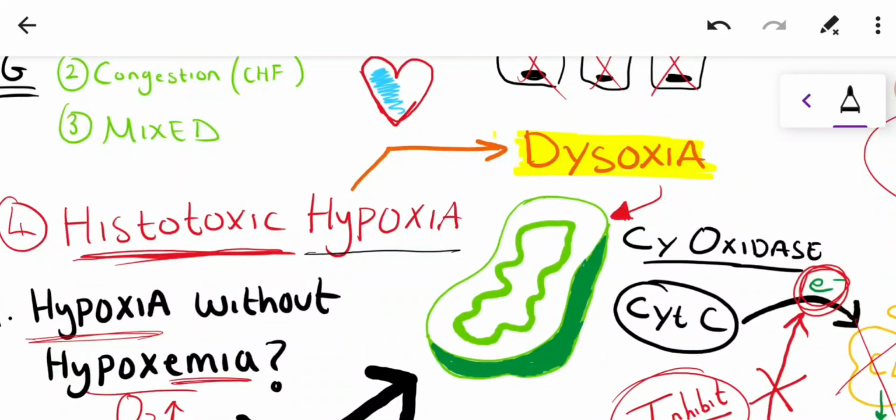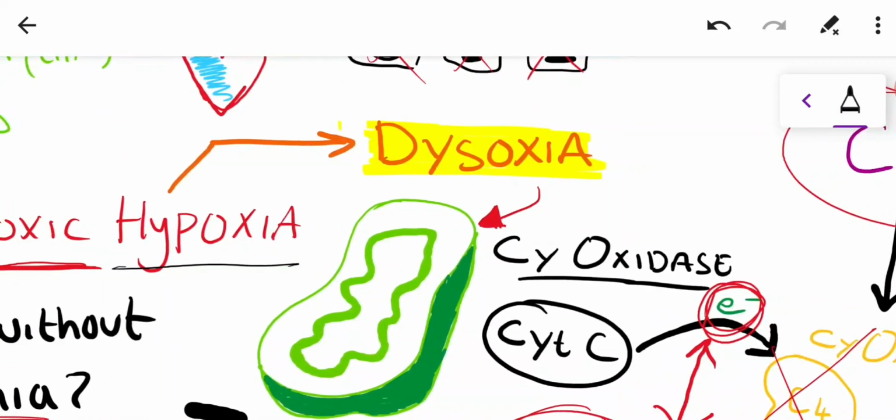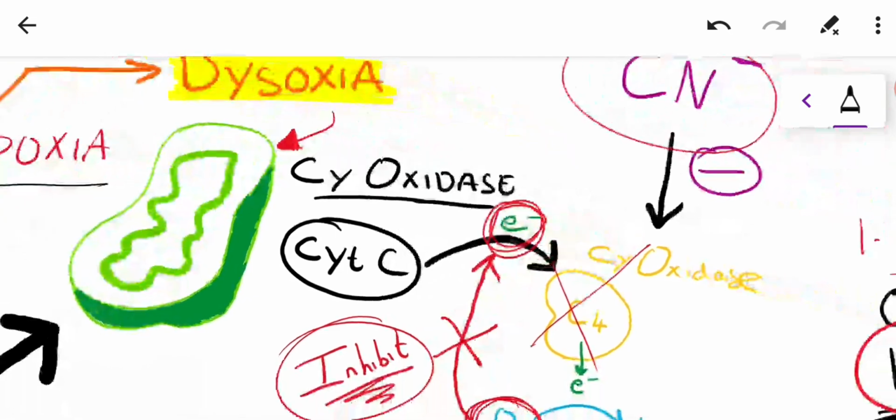When you think of this, think of dysoxia. What did I say about dysoxia? It's related to the mitochondria, and especially reduction in ATP in some form, or there's some damage in the mitochondria. Something's going on in the mitochondria that causes an abnormality in energy production. Mitochondria being the powerhouse of the cell.